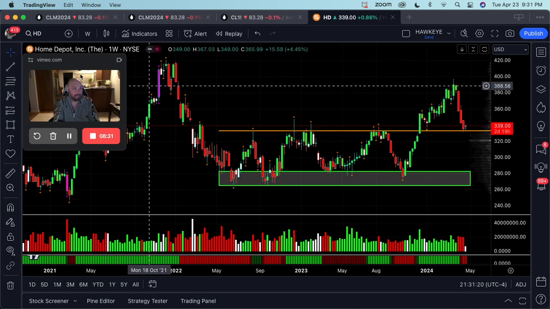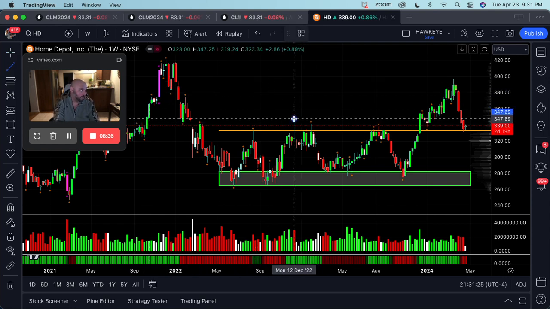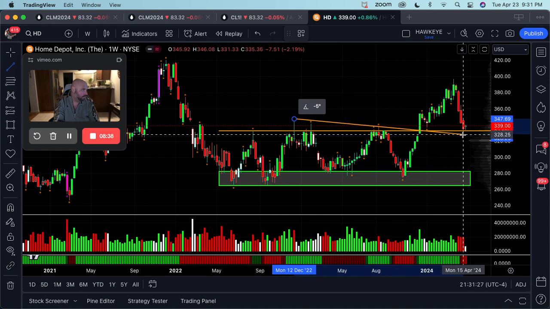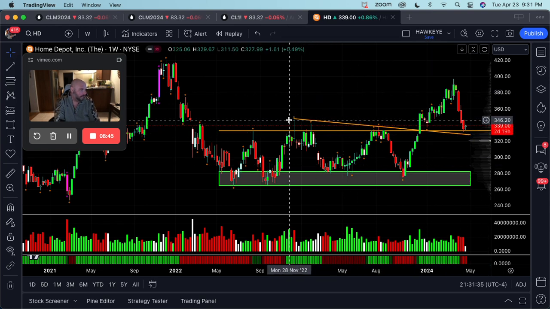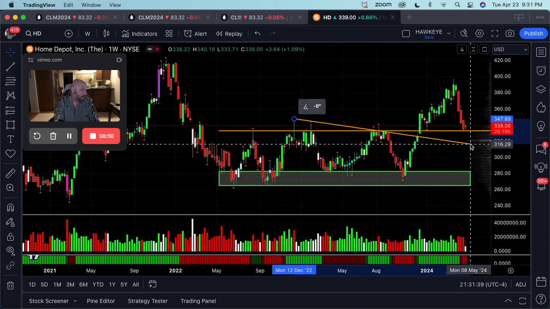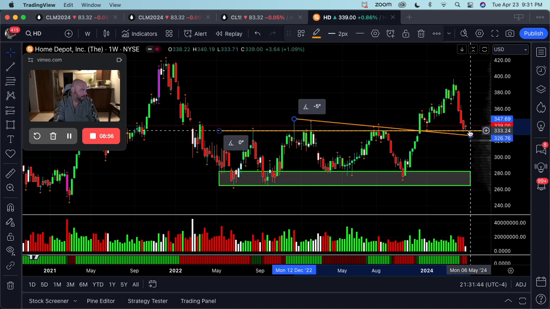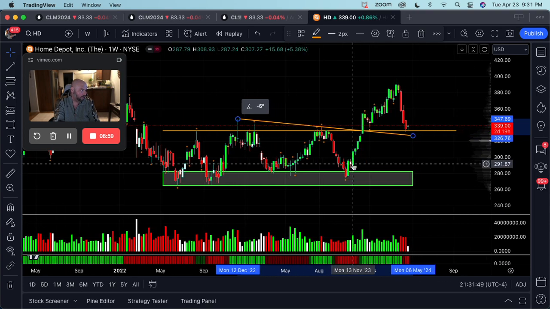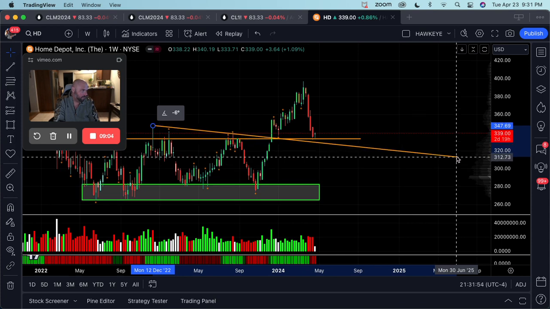What else do I see? Because this is what I do for a living. I stare at charts in order to place a high probability on what could potentially happen next. Now, I have a descending trend line that could represent a level of potential support if we break 333. And notice, as time goes on, what happens to that level?